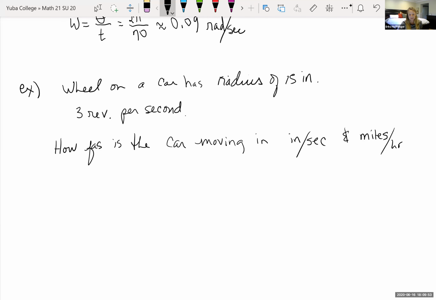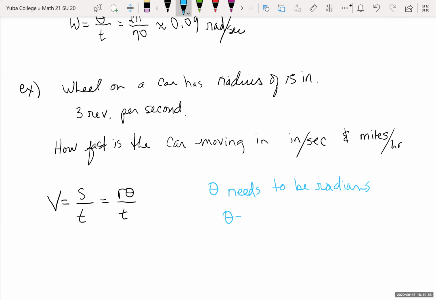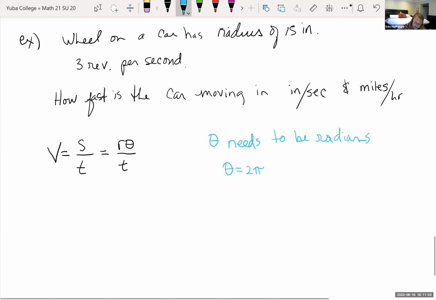So we are doing 1 full revolution, and so we know that that is 2 pi.